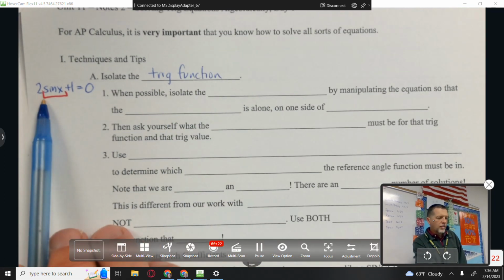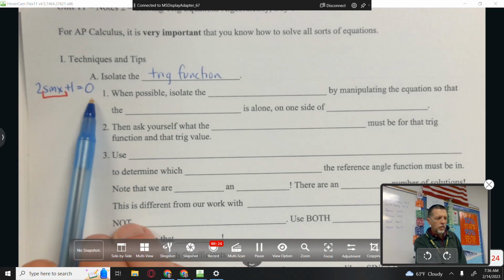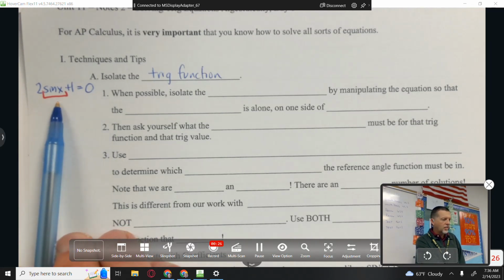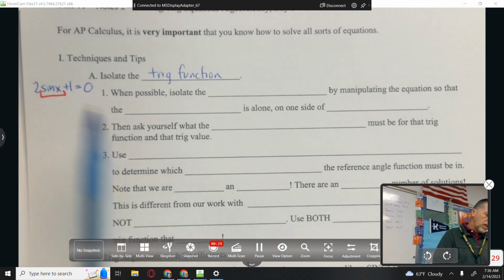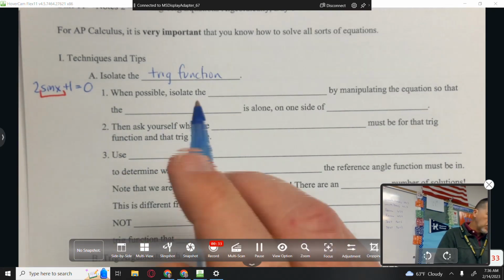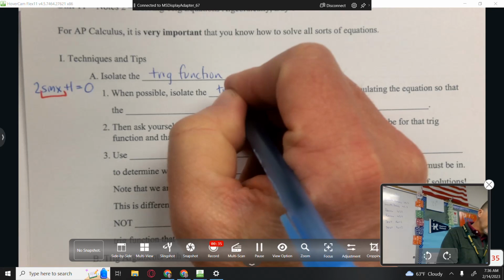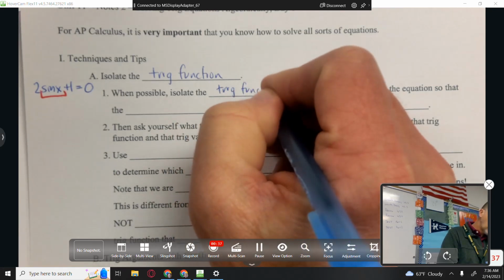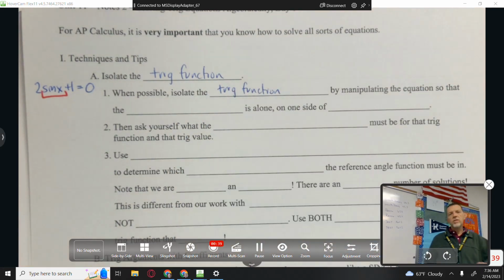So if we have 2 sine x plus 1 equals 0, then I want to get sine of x by itself. Let's clarify this a little bit, and then we'll do it for this problem. When possible, isolate the trig function. That's the sine, cosine, tangent, secant, cosecant, cotangent.